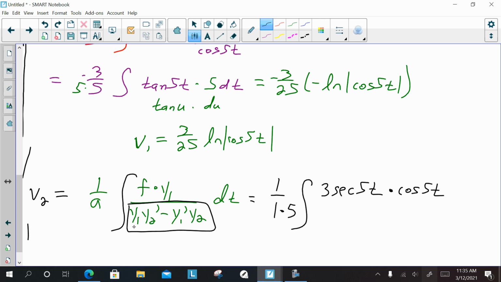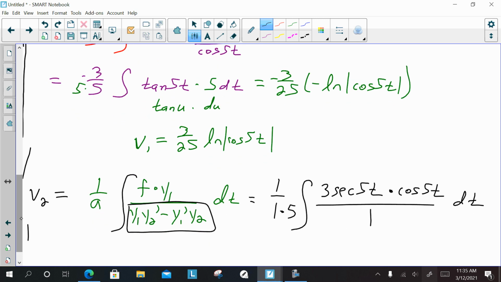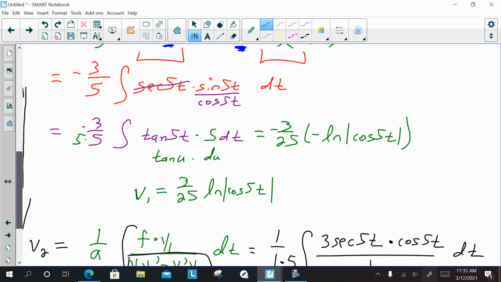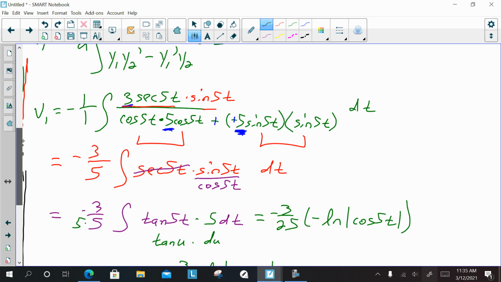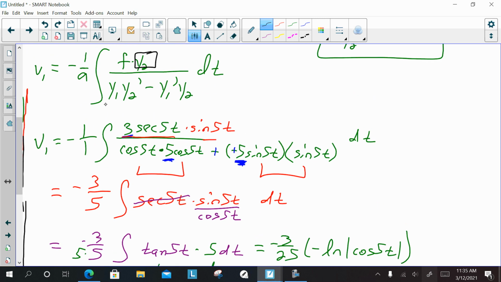And then we had a cosine squared plus sine squared, so all of that was over 1 dt. This denominator is the same denominator that we had when we were looking for V1. That denominator, when we simplified all of it, we had cosine squared plus sine squared. That made 1, and we pulled a 5 out front.